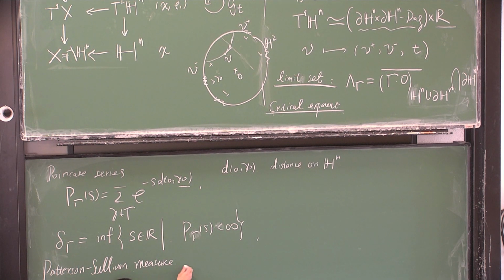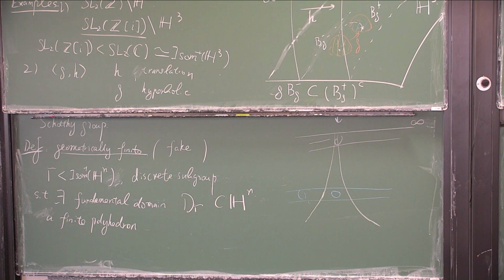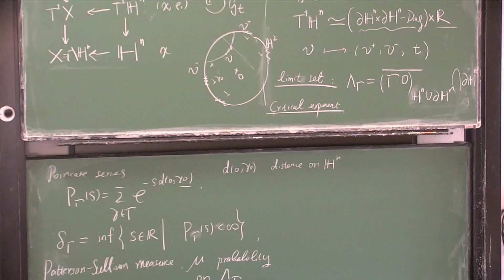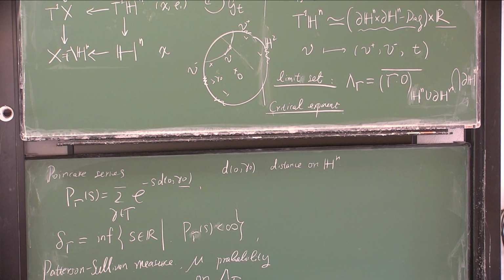It is called mu, and mu is a probability measure supported on the limit set lambda gamma, such that for any element in the group and any point in this limit set, you have the Radon-Nikodym derivative equal to the derivative of gamma at the point to the power minus delta.